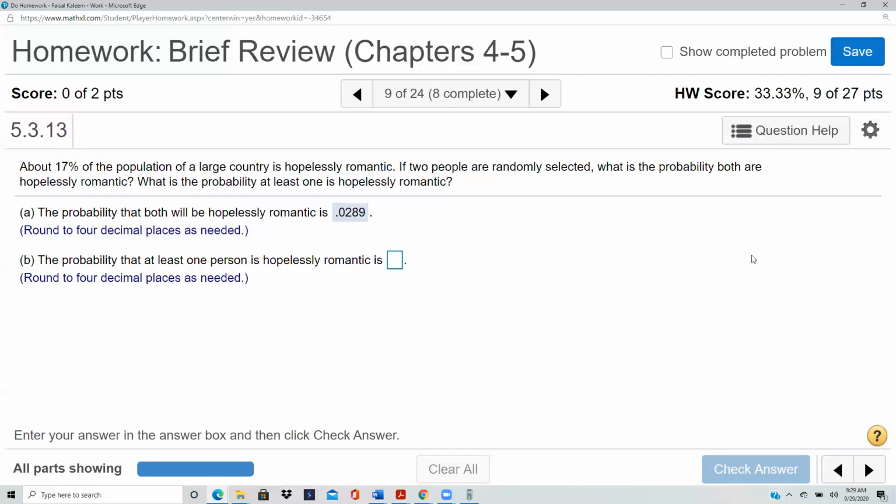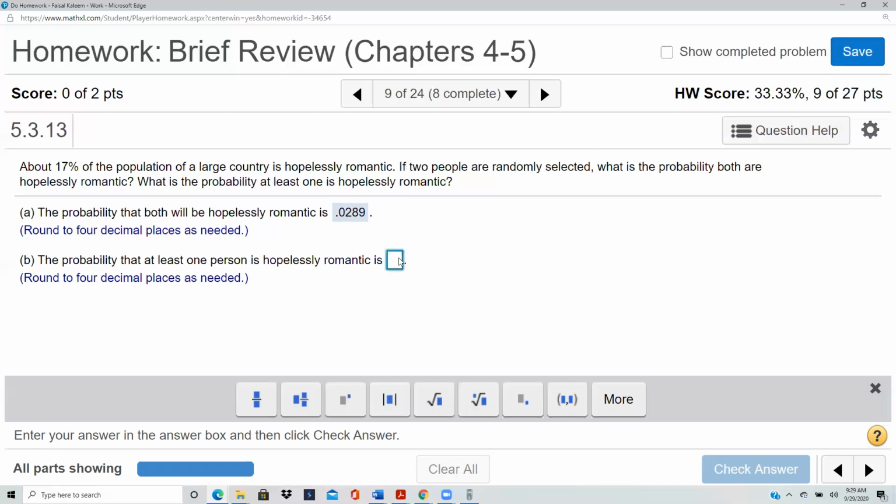Okay. What's the probability that at least one is romantic? So there's one thing which I've said repeatedly. How do we do the at least one problems? What's the magic word?